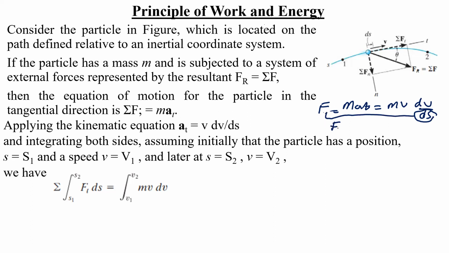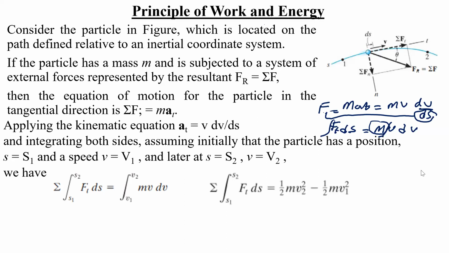We now have F_t ds is equal to m v dv. Then we now integrate. Because m is a constant, we'll take m outside the integral. Then when we integrate between the limits of v1 and v2, we have this.